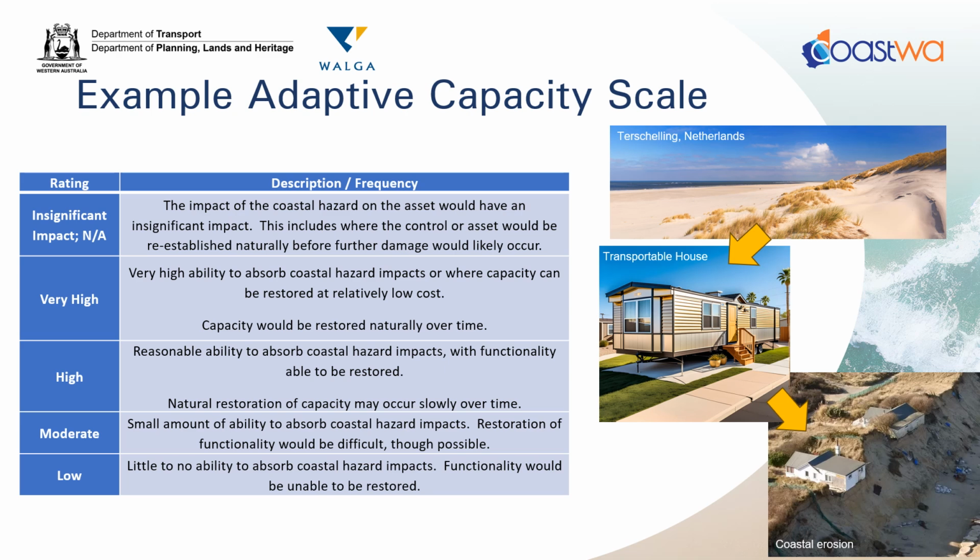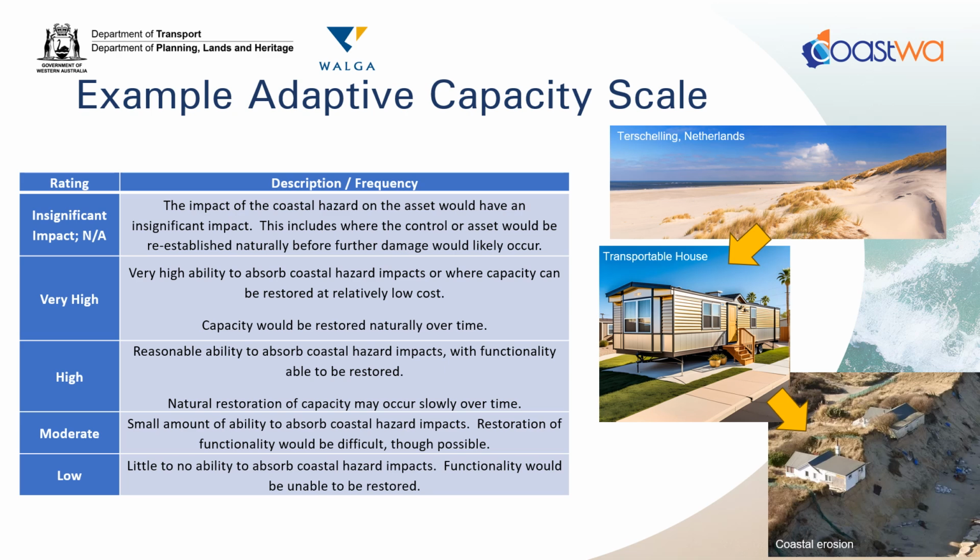So it has little or no ability to absorb coastal hazard impacts, and functionality would be unable to be restored. So the obvious example of that is from the photo on the bottom right, where you've got coastal erosion impacting houses. So a traditional house with a slab on ground is not really able to deal with a high level of erosion, and therefore the adaptive capacity is very low.